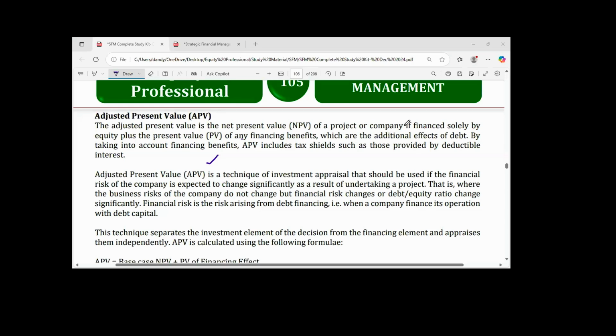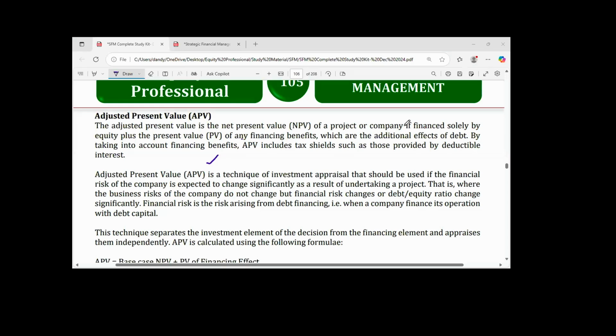Therefore, what do you understand by adjusted present value? The adjusted present value is a technique that is designed to evaluate a project when financial risk or debt equity proportion of a company is expected to change as a result of undertaking a project.